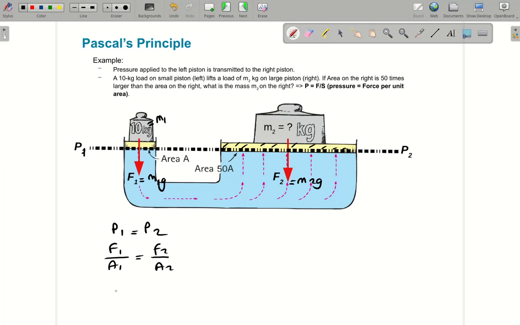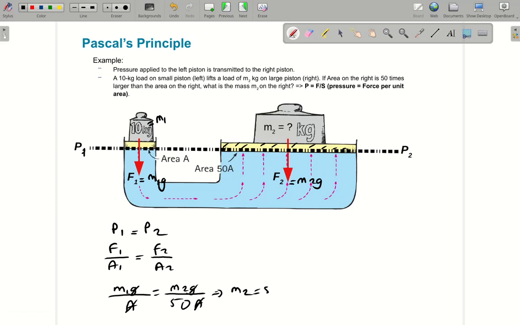And I'm going to put in the areas now. F1 is M1G, A1 is A, F2 is M2G, and A2 is 50A. And solve for M2 knowing M1.